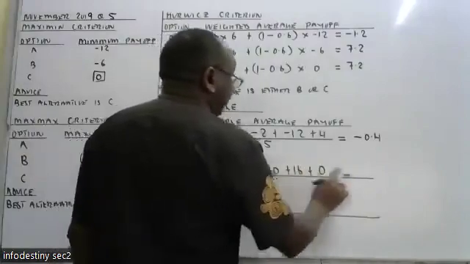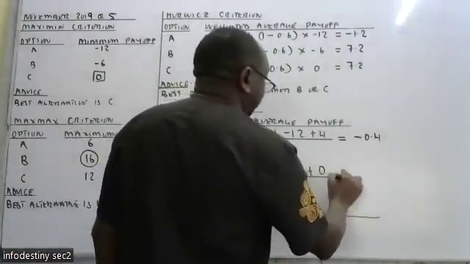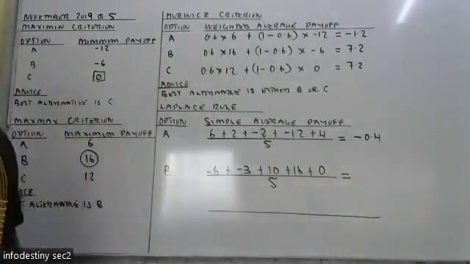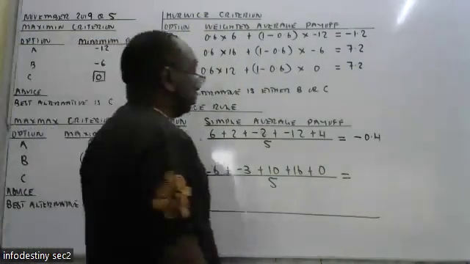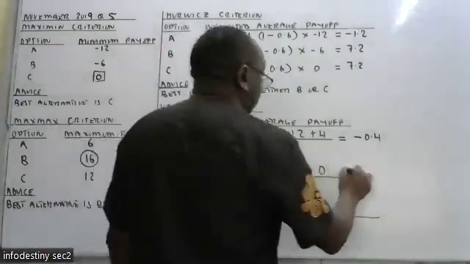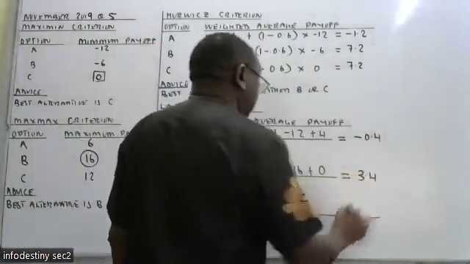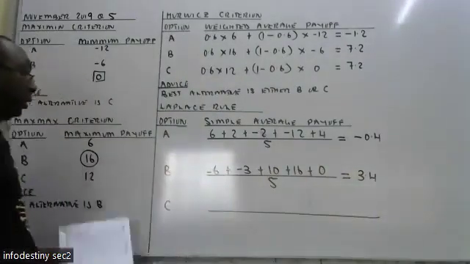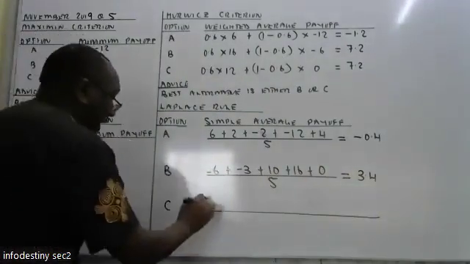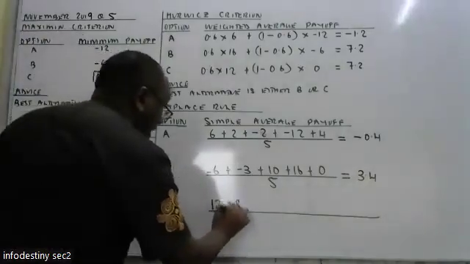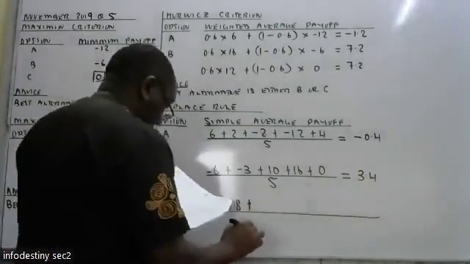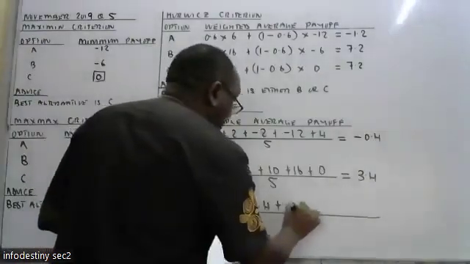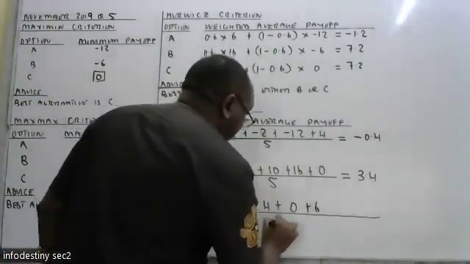You divide by 5. 3.4. And when you come to C, we have 12 plus 8 plus 4 plus 0 plus 6.